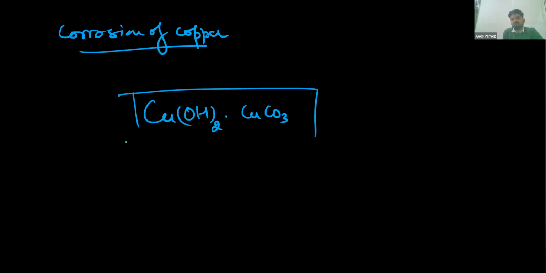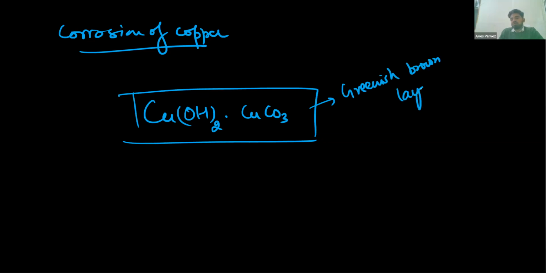This is the rusting of copper, and a dirty greenish black or greenish brown layer is formed over the copper. It is a hydroxide or a carbonate here.